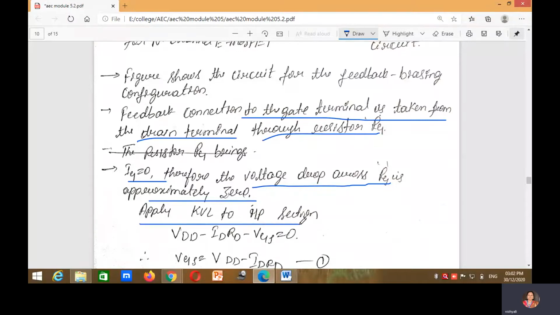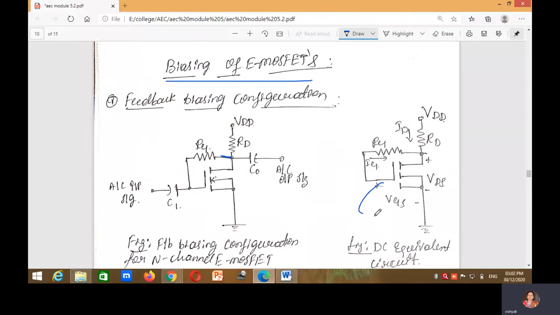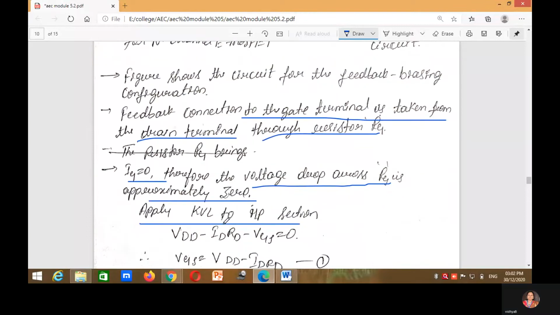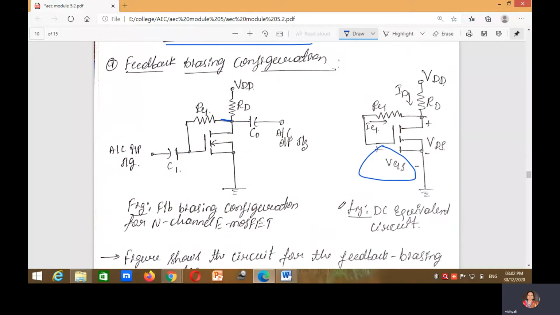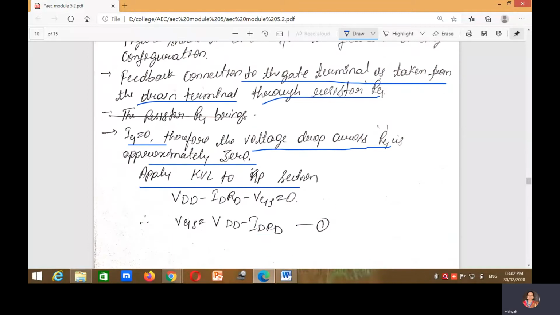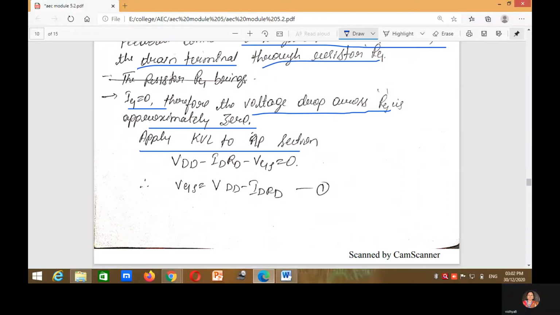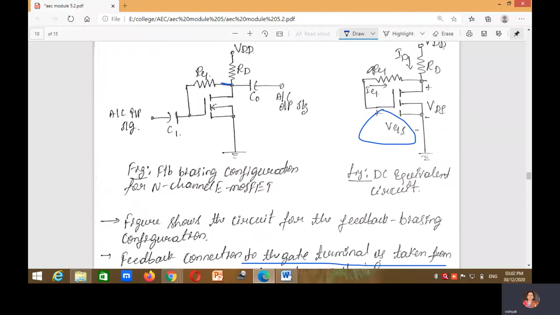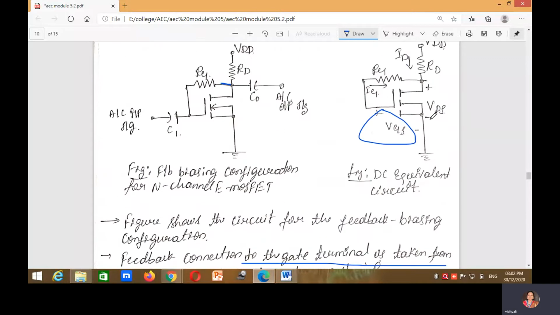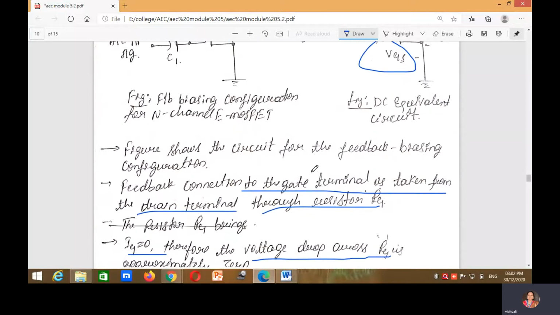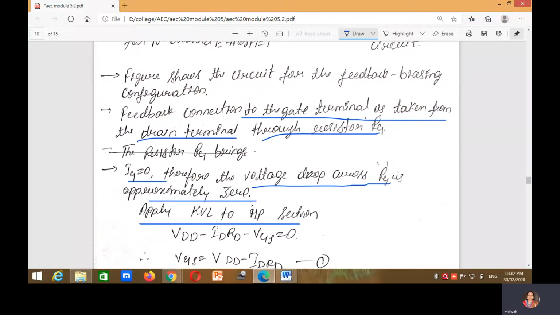Apply KVL to the input section. The input section means this one. So VDD minus IDRD minus VGS is equal to 0, because here we have considered that IG is equal to 0 and the voltage drop across RG is also 0.